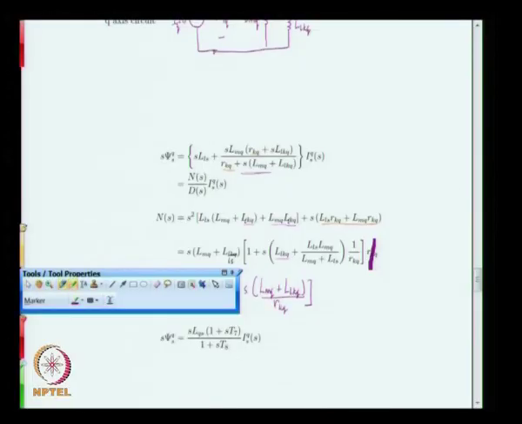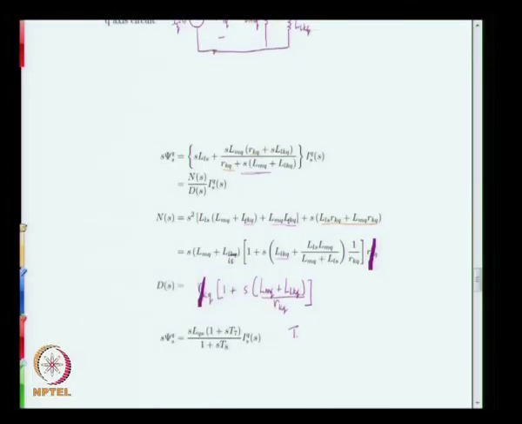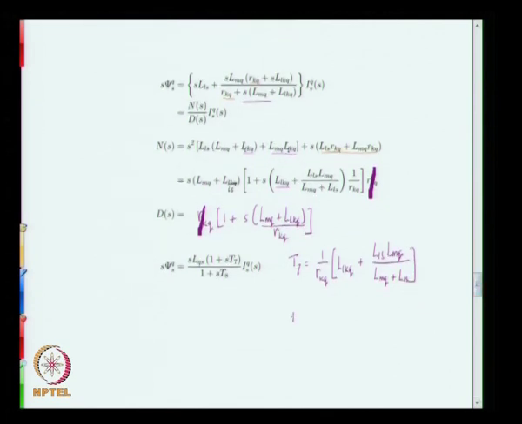So, T7 divided by 1 plus S T8, and therefore, what we have is T7 equals 1 by RKQ into LLKQ plus LLS LMQ divided by LMQ plus LLS, and then you have T8 as LMQ plus LLKQ by RKQ.